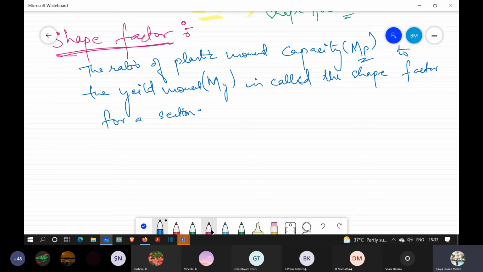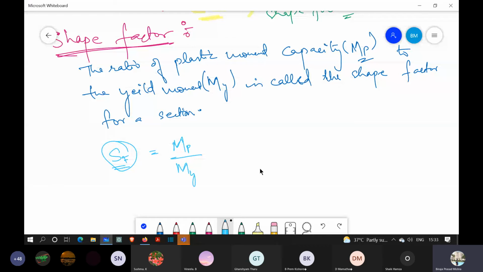Okay. Now, the value of SF will be more when the value of yield moment is smaller, then it is going to be more.